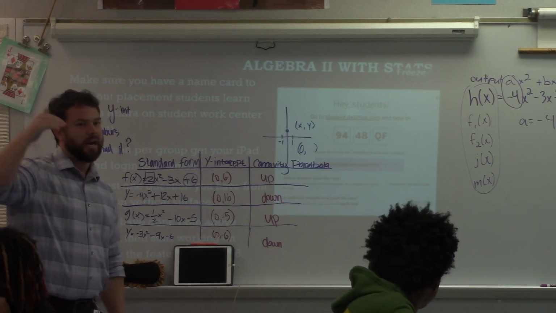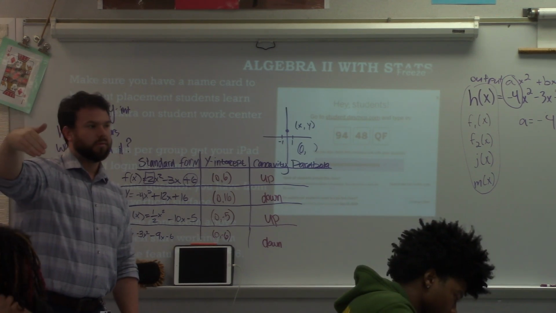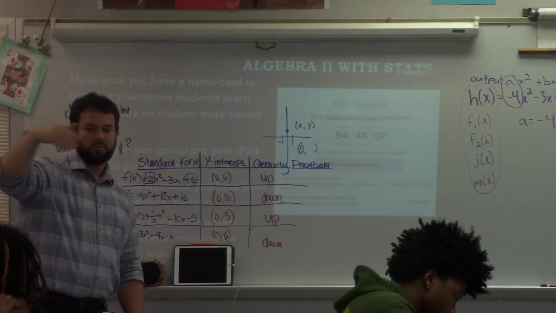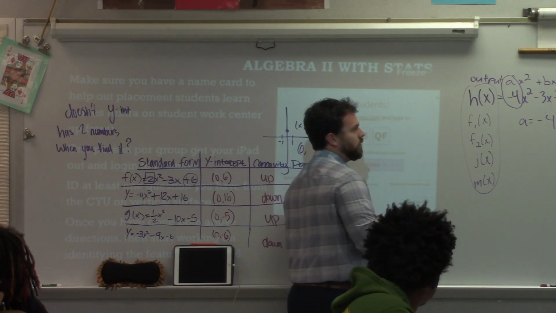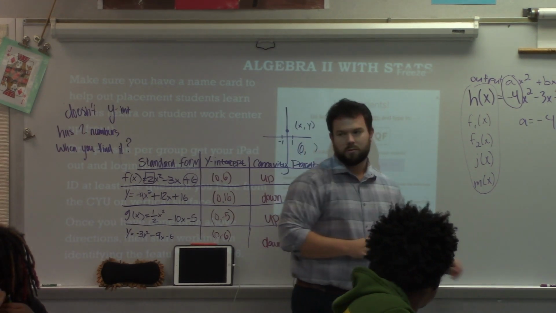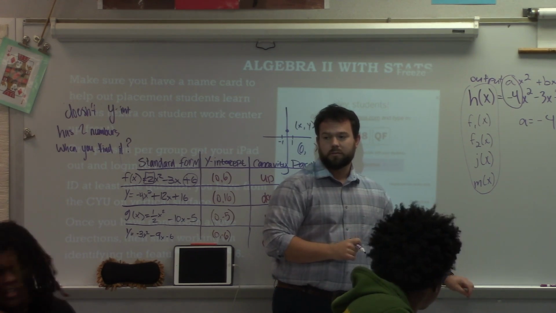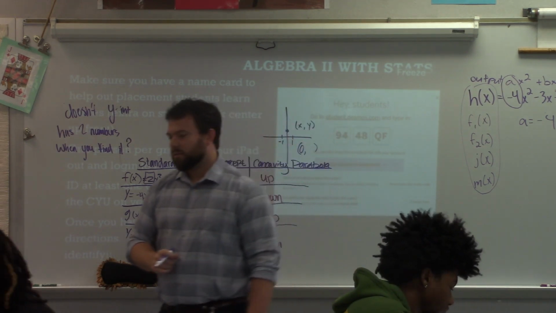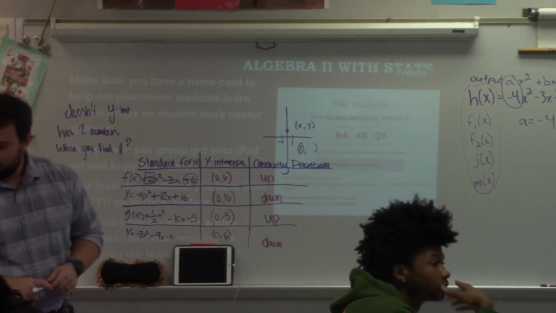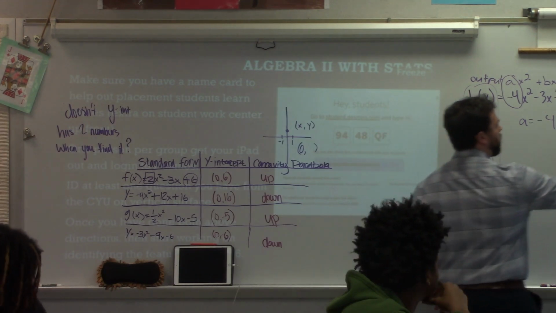So what questions do you have about this standard form before we move to the next form? You know the shape of a parabola, right? So, two things with a parabola.